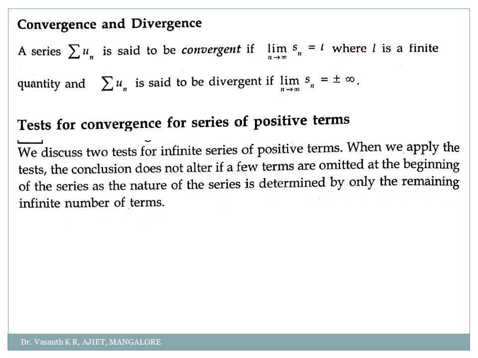Okay, so don't worry, once I start with the problems you will get an idea. So to test for the convergence of positive terms, we have two tests. One is Cauchy's root test and one more is D'Alembert's ratio test. Okay, so these are the two tests which we normally use to check whether the given series is convergent or divergent.